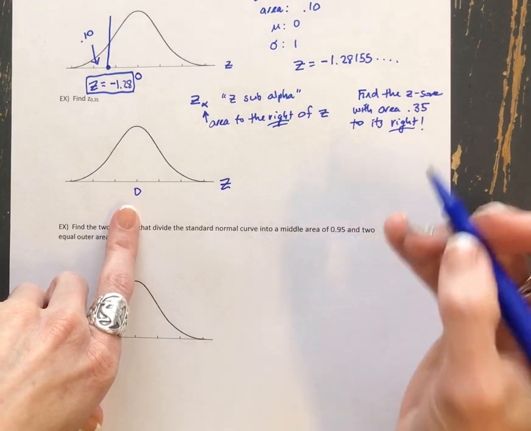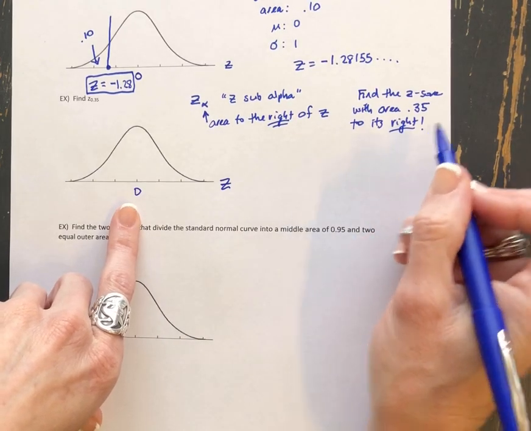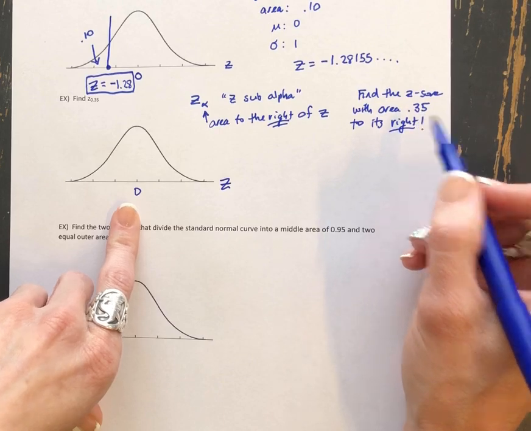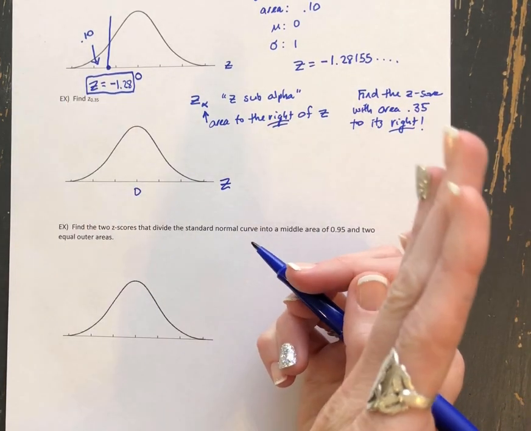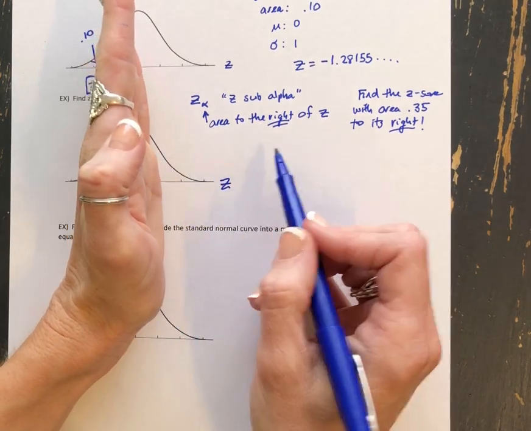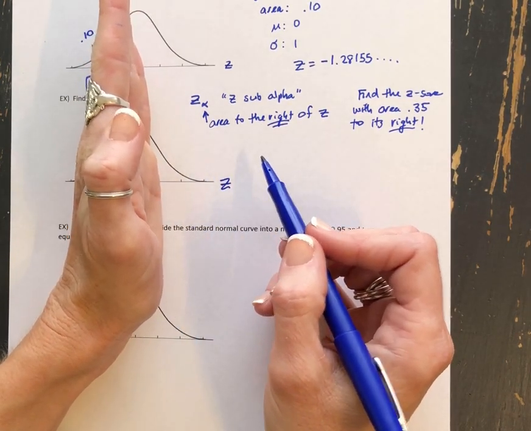And again, we want the z-score that has area 0.35, so 35% of the area under this curve, to its right. If I was right here at 0, 50% of the area would be to its right. Well, I don't want that much.